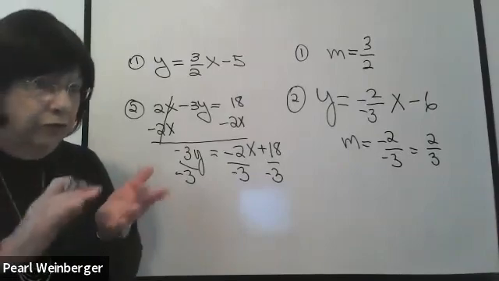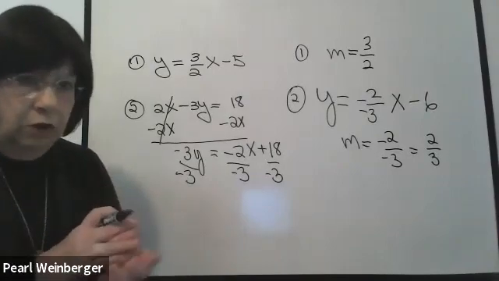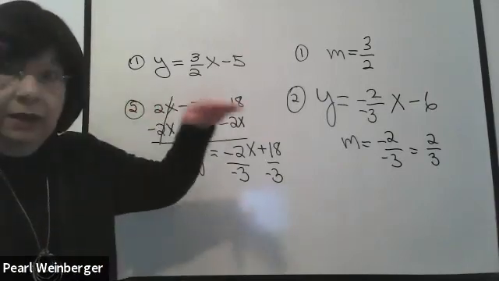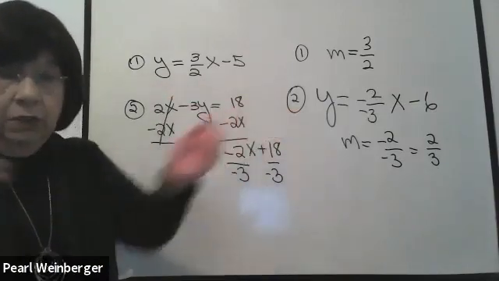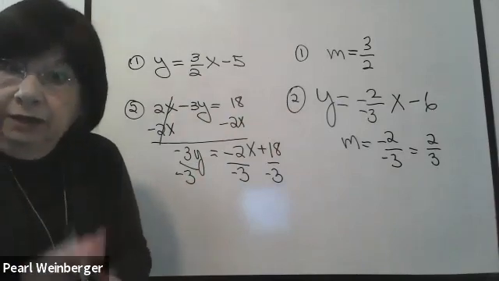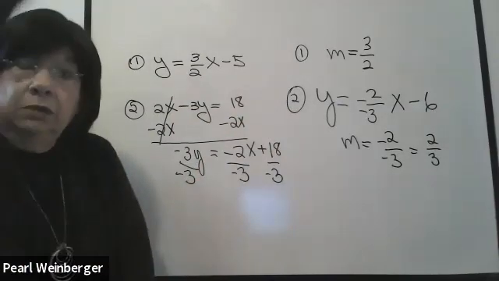Look at what we've so far been able to tell from slopes. Number one, if the slope was 0, I knew my line was a horizontal line. Number two, if my slope was undefined, I knew I was dealing with a vertical line.